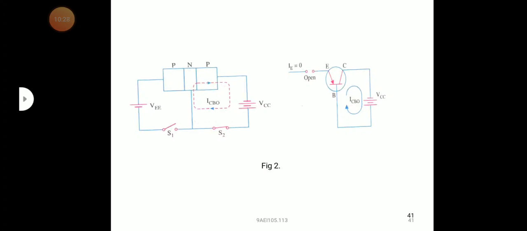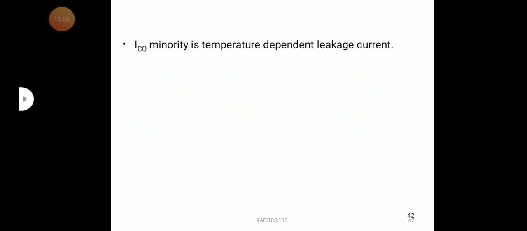Now the figure shows what we needed. What we needed is ICBO, the collector current when the emitter is open. ICBO means when the emitter is open and you apply the reverse bias, the reverse saturation current flowing from collector to base is nothing but ICBO.